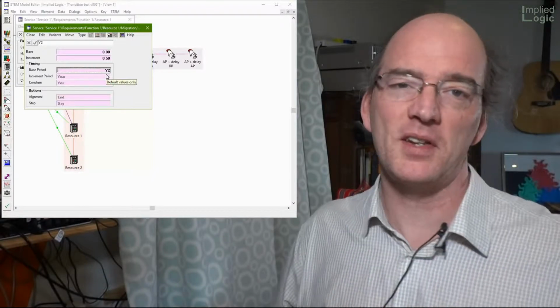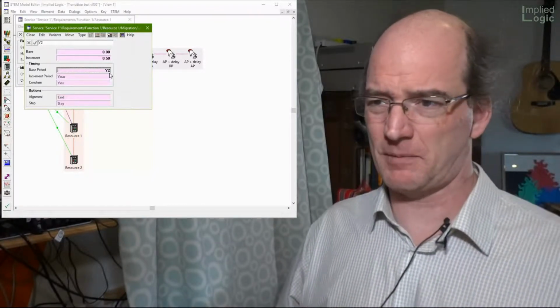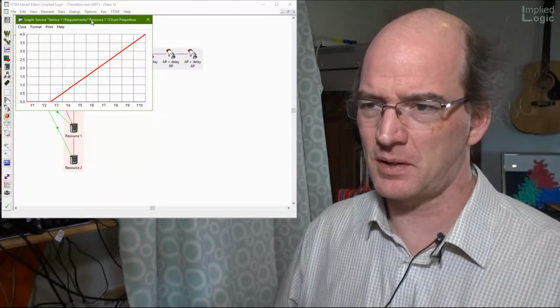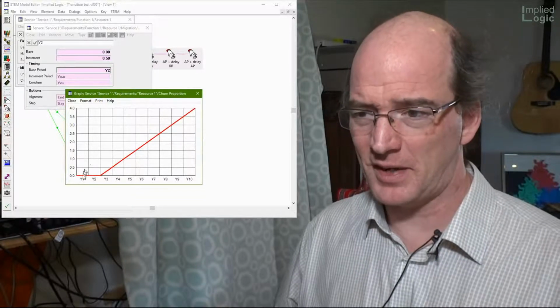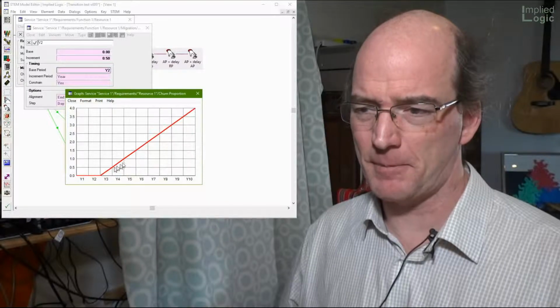And the way it's designed is when this goes over 100%, it just ignores it because it knows it's already finished. So that straight line time series says it goes up to the end of year 2, it has the base value of 0, and thereafter it increases at 50% per year.